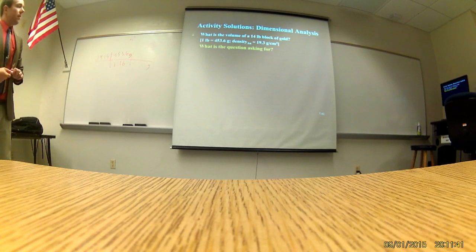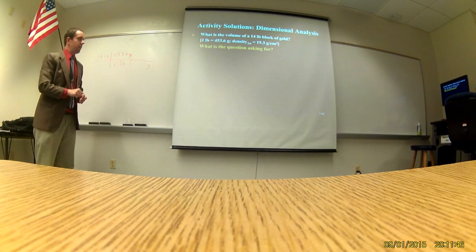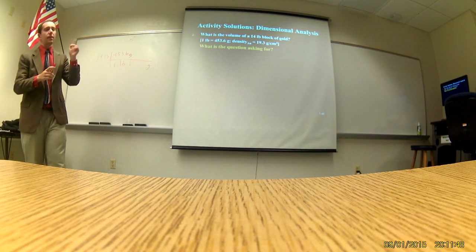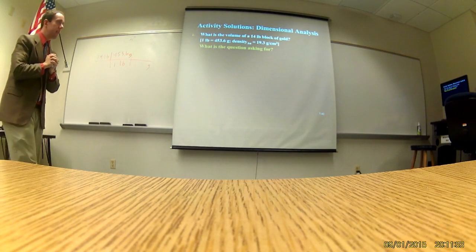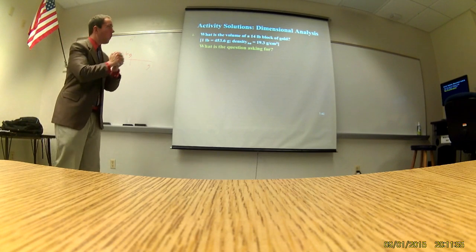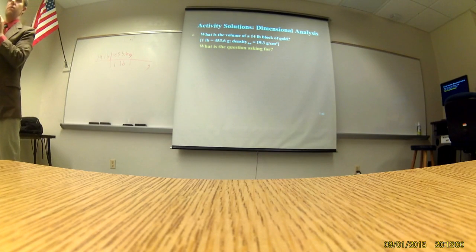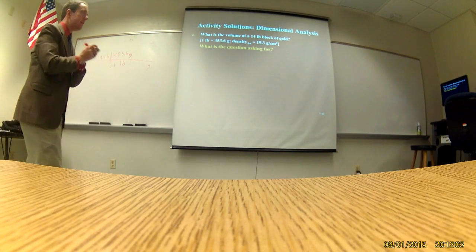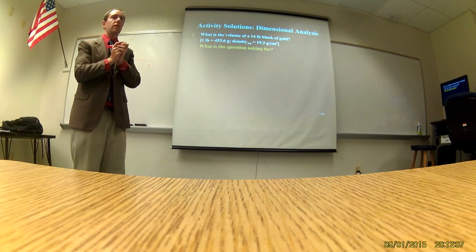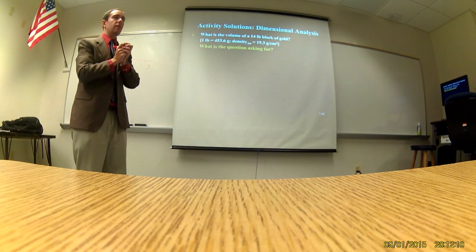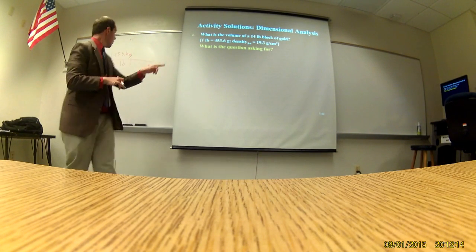So think about this. If you have a density of 19.3 grams per cubic centimeter, what relationship can you draw from that statement between grams and cubic centimeters? Grams has to go here.